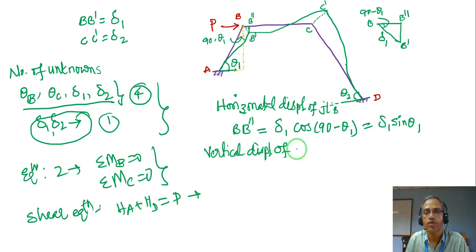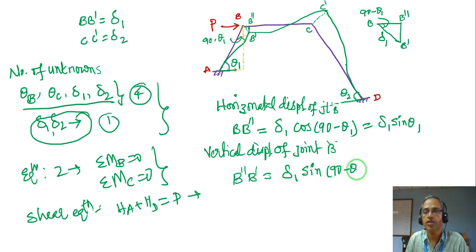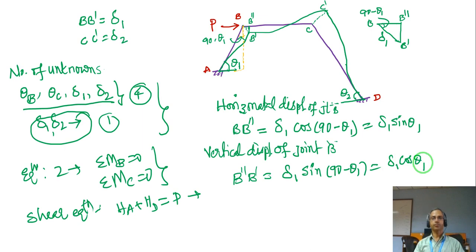It is nothing but your B double dash B dash, which is delta 1 sine of 90 minus theta 1, which is equal to delta 1 cos theta 1. Remember this, very important.